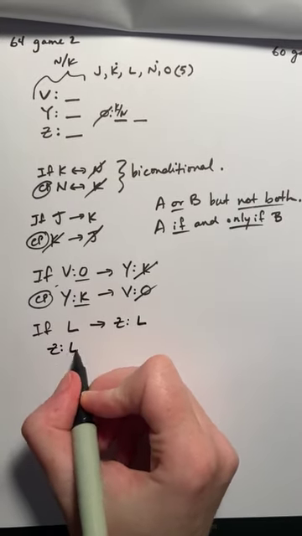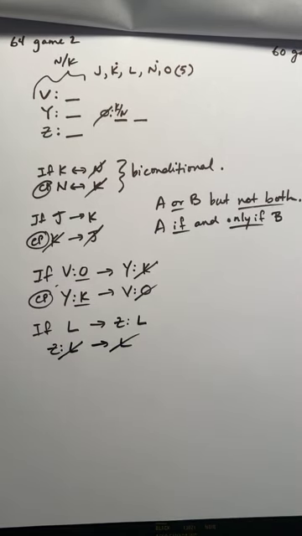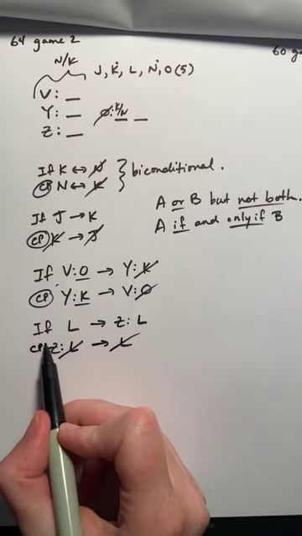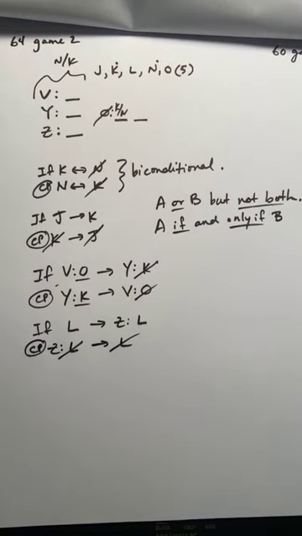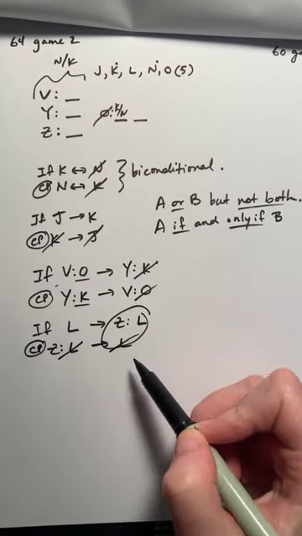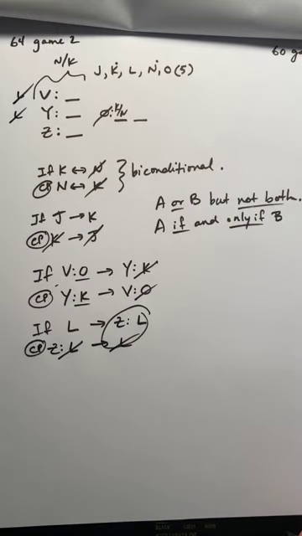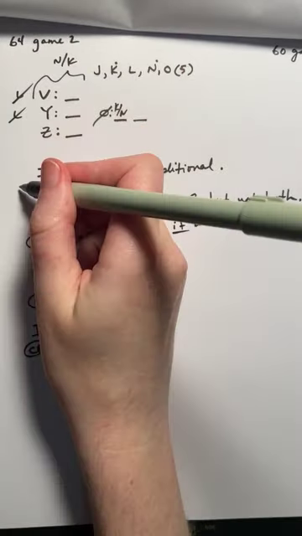If L isn't assigned to Zambia, then L is out completely. So what this means is basically just either L is assigned to Zambia or L is out. So L can't be assigned to Yemen or to Venezuela. Either Zambia or out completely. So that should clarify each of the rules.